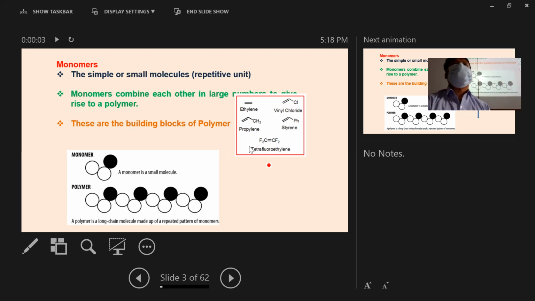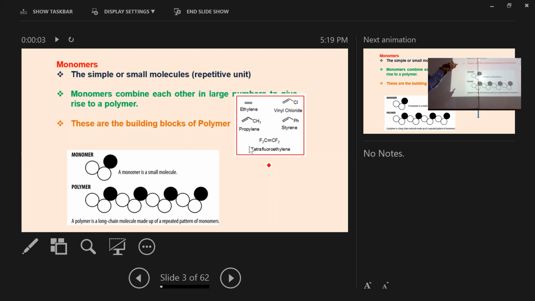All of you are familiar with PVC. Maybe a PVC door, or whatever. Most of the time, any hard plastic we can consider as PVC.